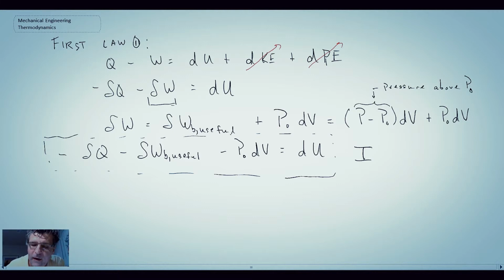The second thing I want to consider is the work going through the heat engine. Because if you recall, with our piston cylinder device, we also had a heat engine. So let's take a look at the heat engine. And what we're going to do is try to quantify the work coming out of that heat engine.